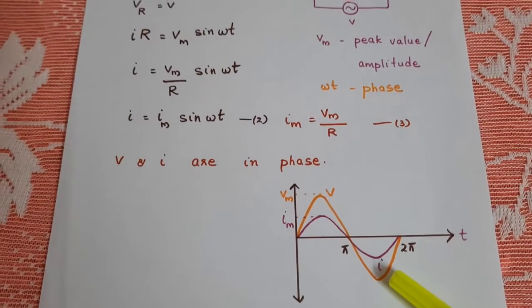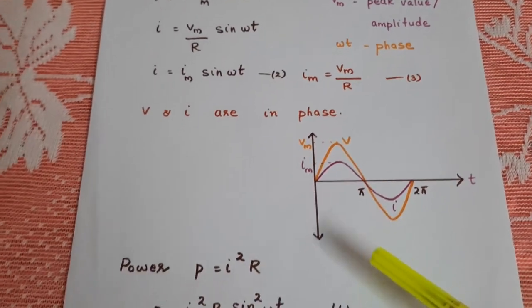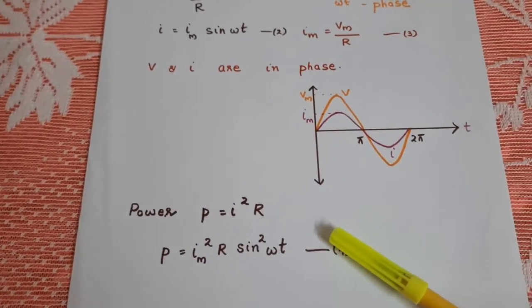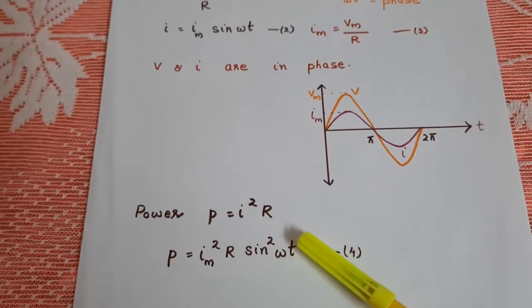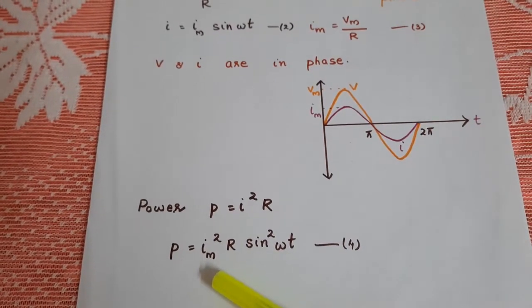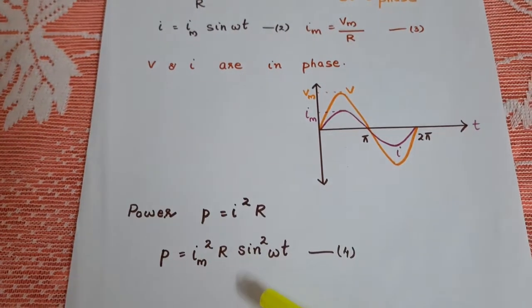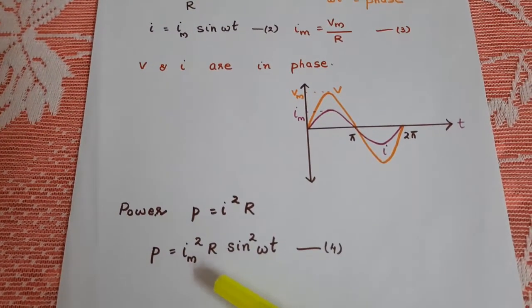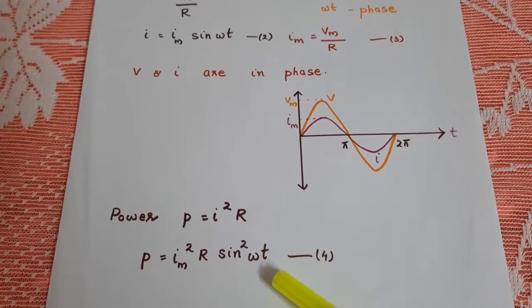Both are in phase. The instantaneous power P is equal to I squared R. So let us substitute for the current, I is equal to Im sin omega t. So P is equal to Im square R sin square omega t.